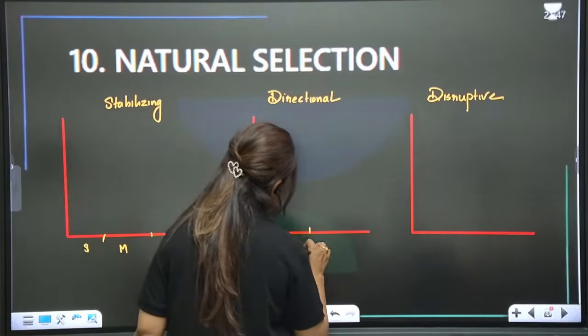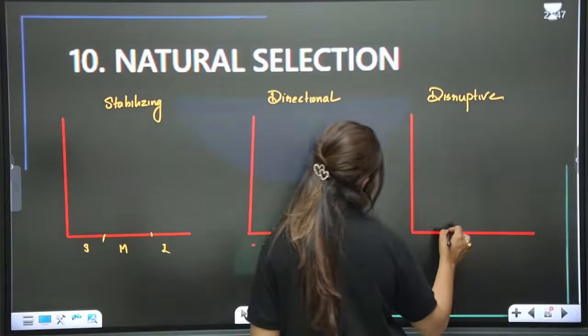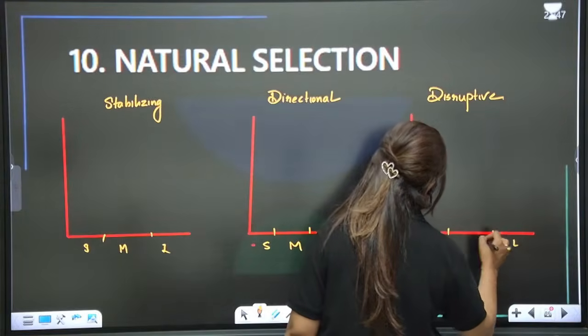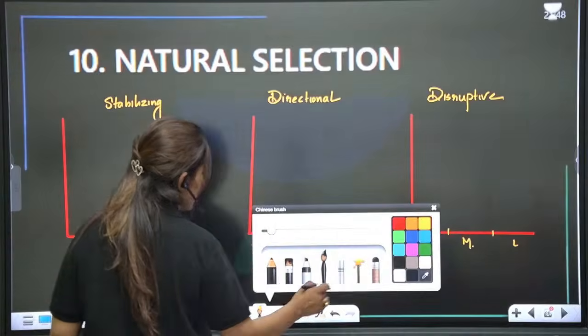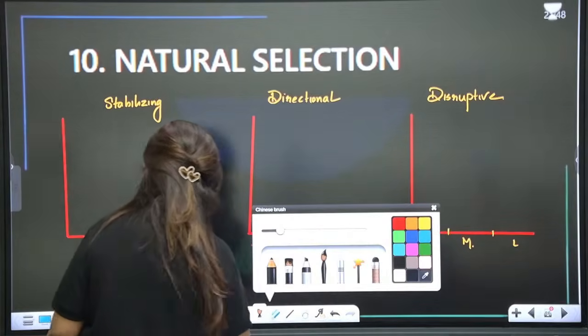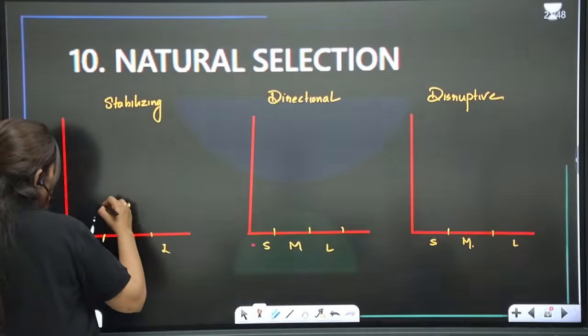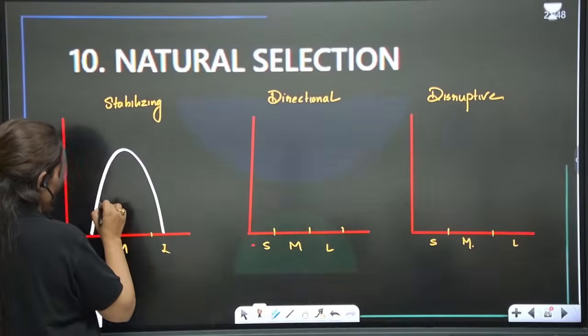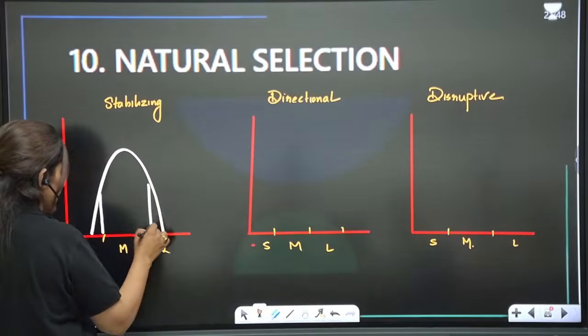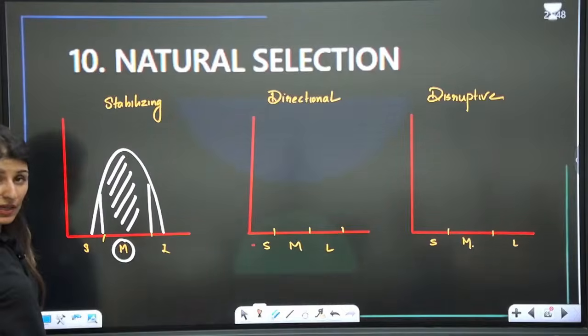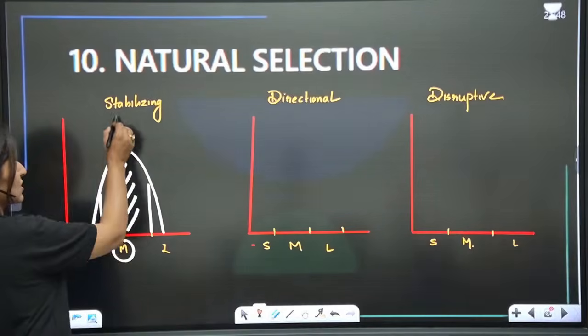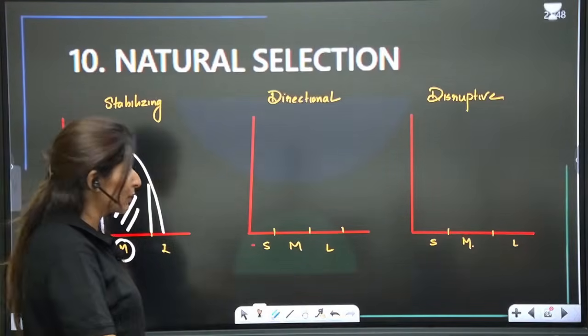So we have 1 intermediate and 2 extremes. Small and large are the extremes and medium is the intermediate feature. Is that clear? Now see, if nature supports the intermediate feature more, there will be more of the intermediate feature in the population, medium sized or any intermediate feature. This is called stabilizing, also known as normalizing.